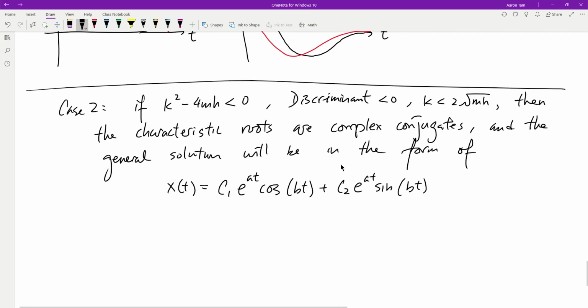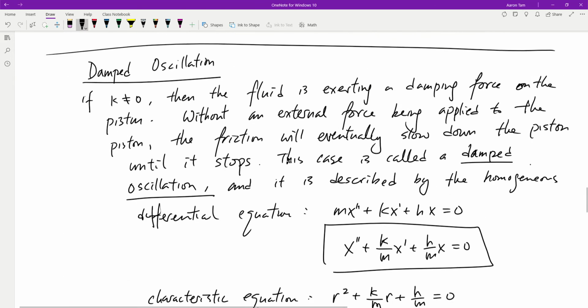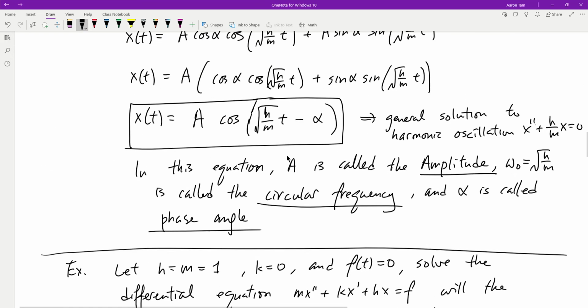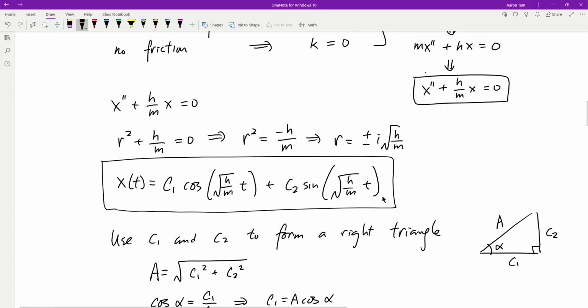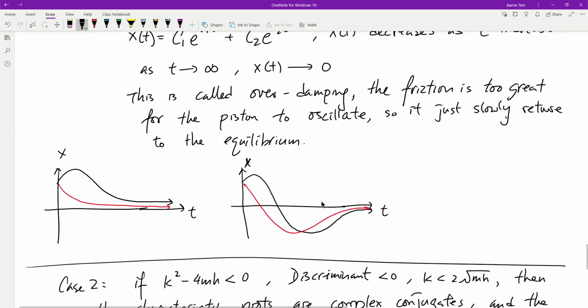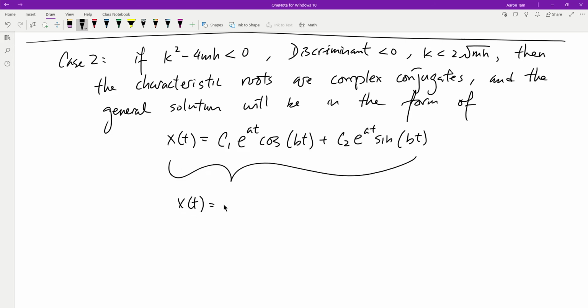So if you think about it, notice that this works out almost identical to what we already talked about right here in the free oscillation, where our solution has almost the exact same form, c1 cosine something t plus c2 sine something t, except the only difference now is that we have an e to the at in front. And because of that, we can go for the same argument, which I'm not going to do, to rewrite this into this form.